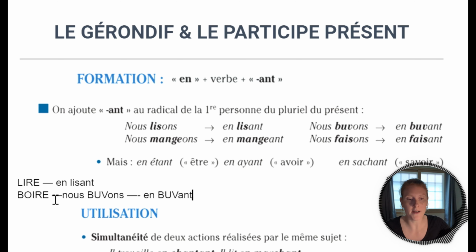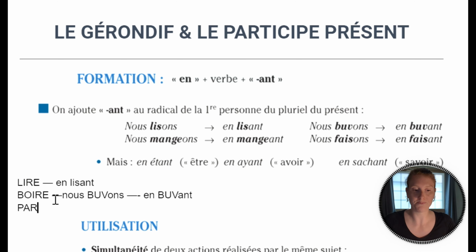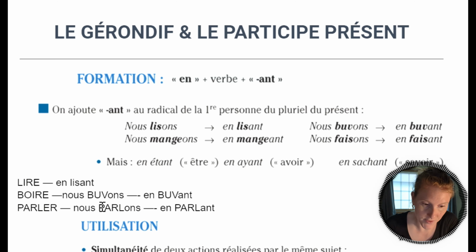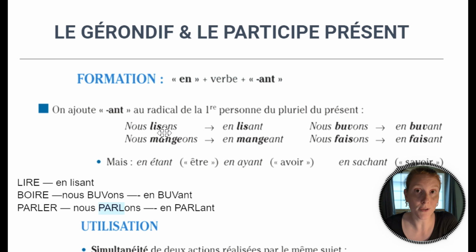If I take a simple one like parler, to speak, in the present tense at the first person of plural, it's nous parlons, okay? So if I put it in gérondif, it becomes en parlant, right? You see, I keep the same radical. And so to know the radical, remember you have to take the same radical as the verb conjugated in the first person of plural in the present indicative tense, okay?